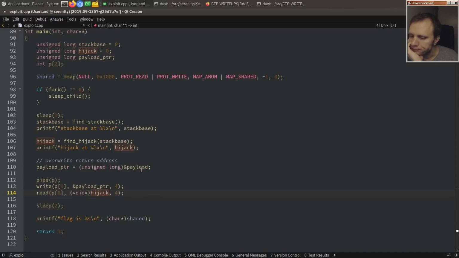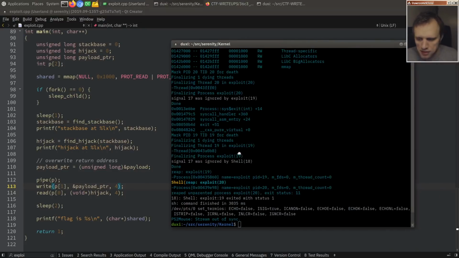Pretty nifty. Let's see. Here we are writing. Right. So that's basically how the exploit happened.